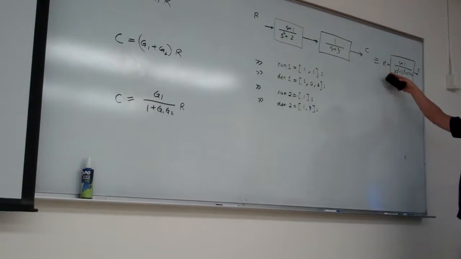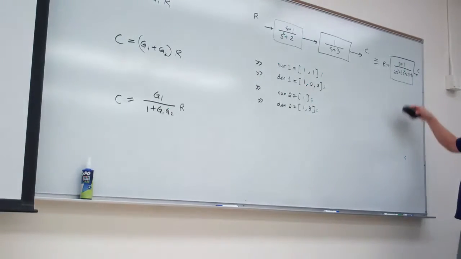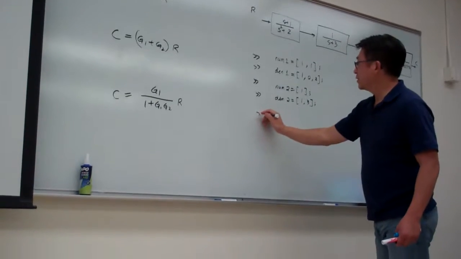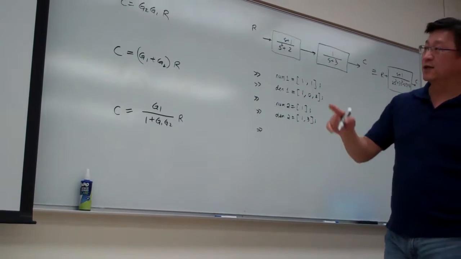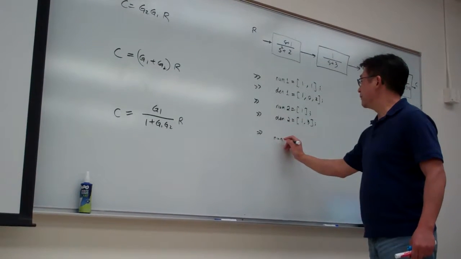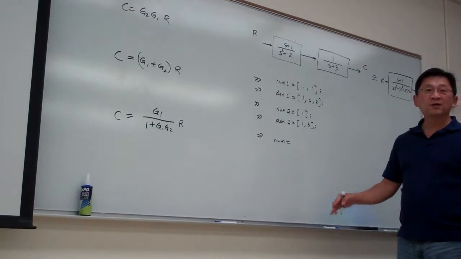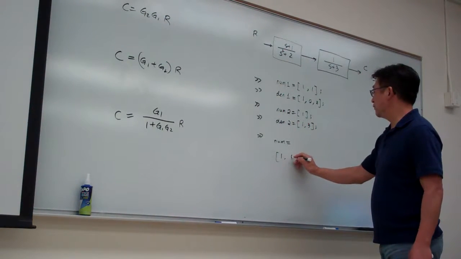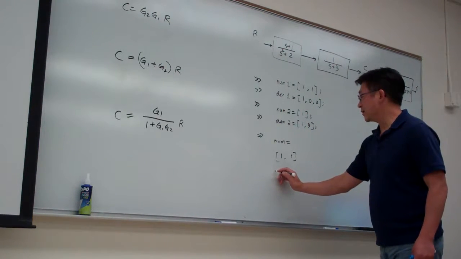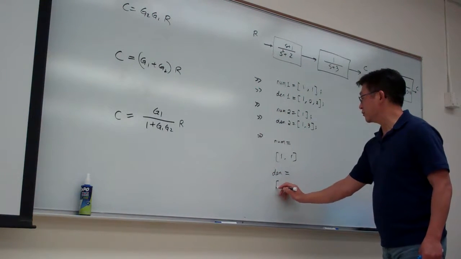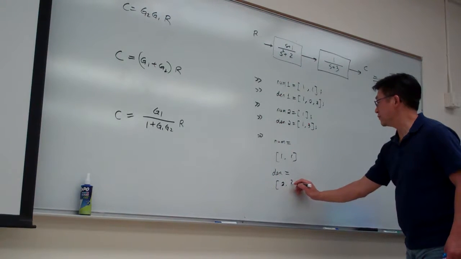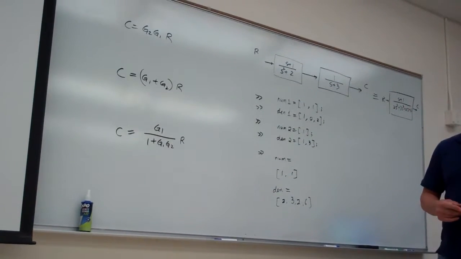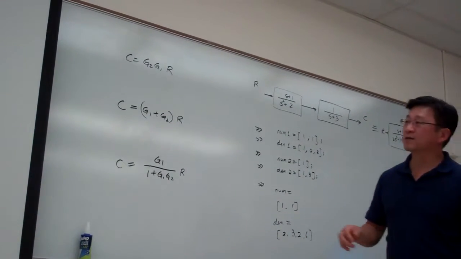So for this one, the equivalent transfer function will be like this. Once you plug in those commands and hit return, MATLAB will give you this result. The num equals, I try to mimic what you see in Windows, 1, 1, okay? And then the denominator will be 1, 3, 2, 6. Those are the results you will obtain from MATLAB.